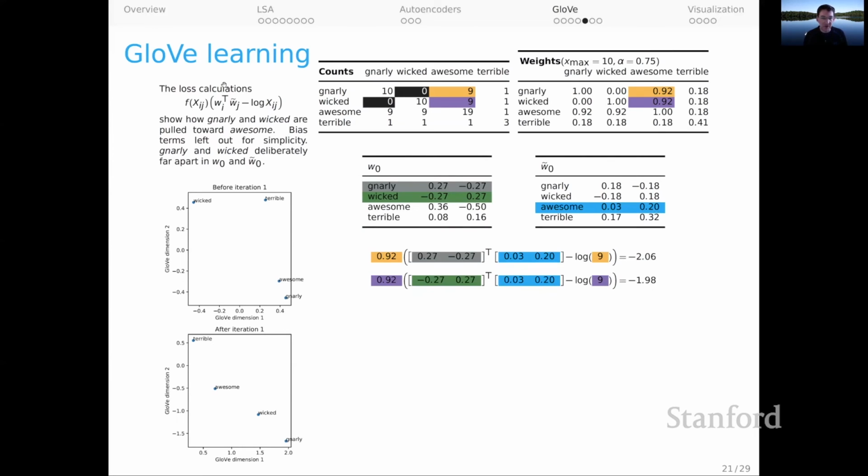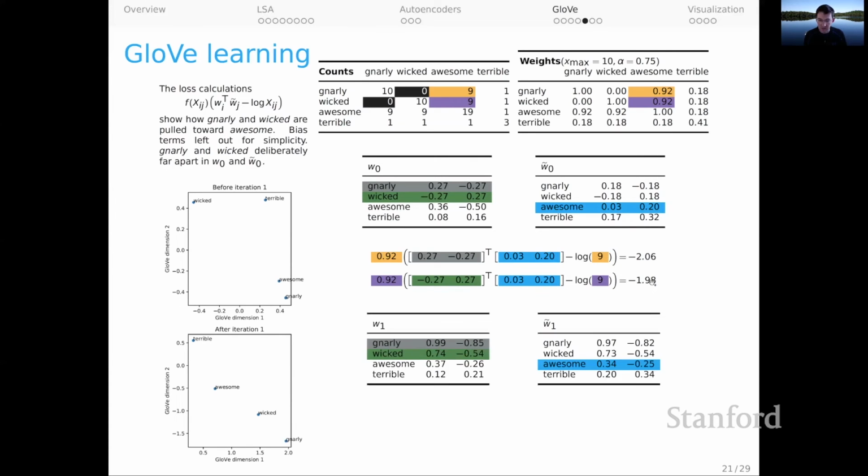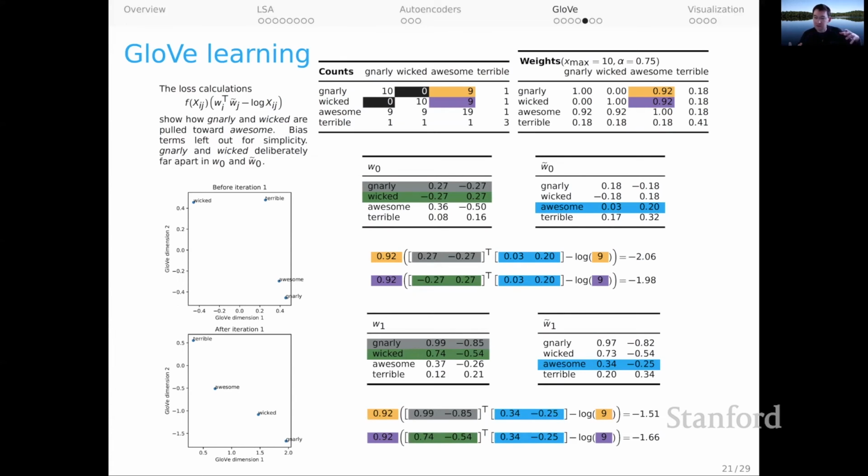So this is that loss calculation. I have just plugged in all the values here, and you can see that we get this initial set of losses. That's after one iteration. We update the weight matrices, and we perform one more round of learning, and you can see that the values here are getting larger, corresponding to getting pulled closer and closer toward awesome. And you can see that graphically happening over here in these plots on the left.